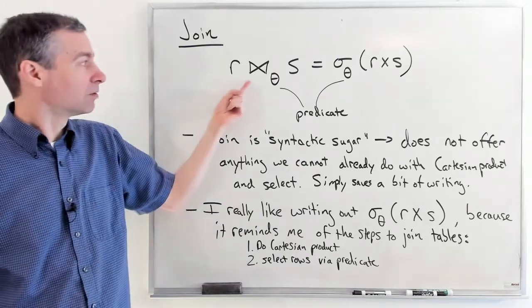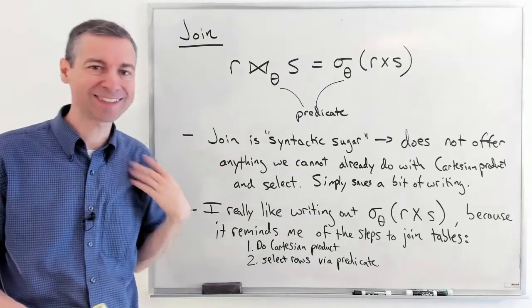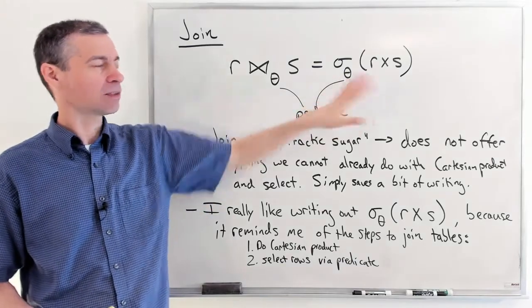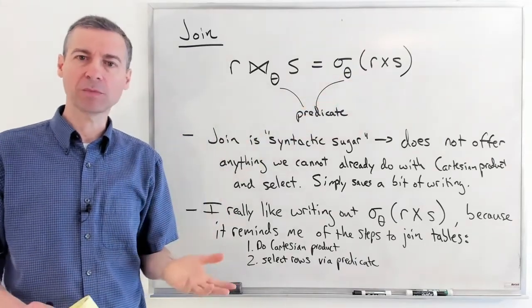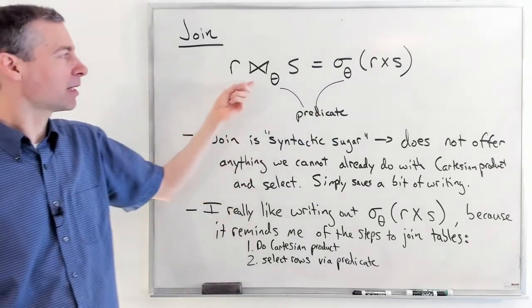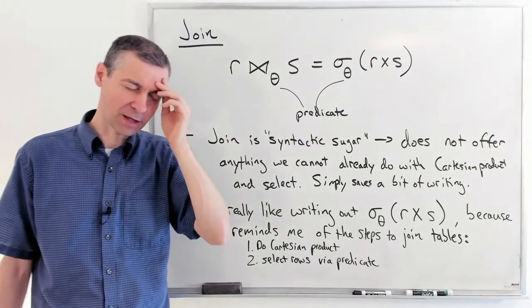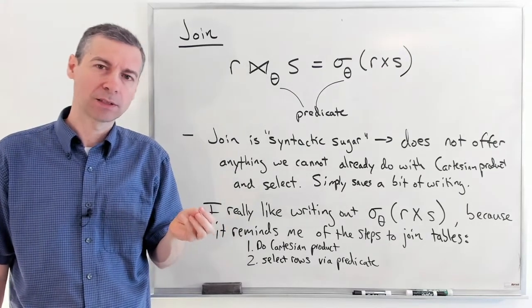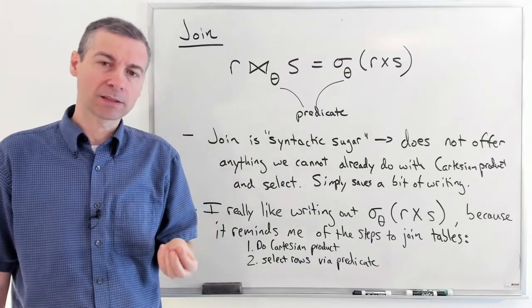I don't like it. Why don't I like it? I don't like it because I find this is a wonderful reminder to me of what this means. So when people write this, you have to think, oh yeah, first I take the Cartesian product, then I select.